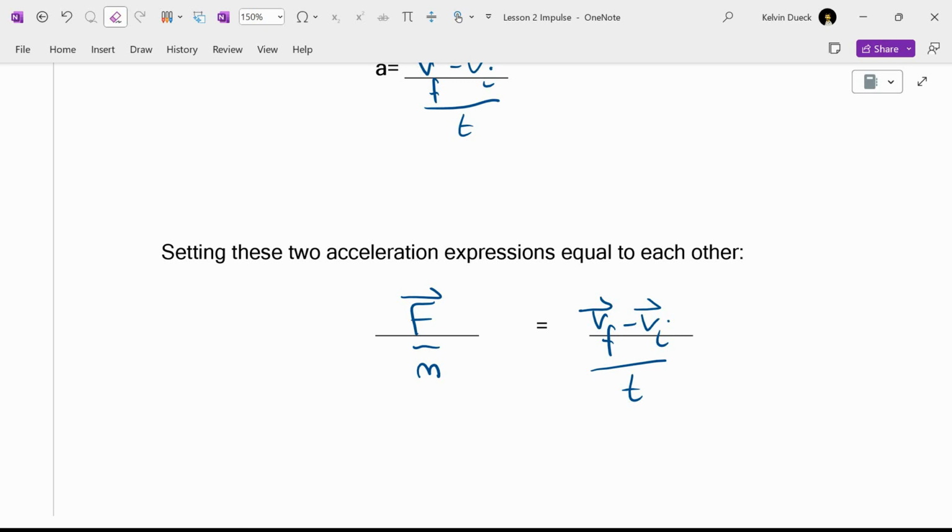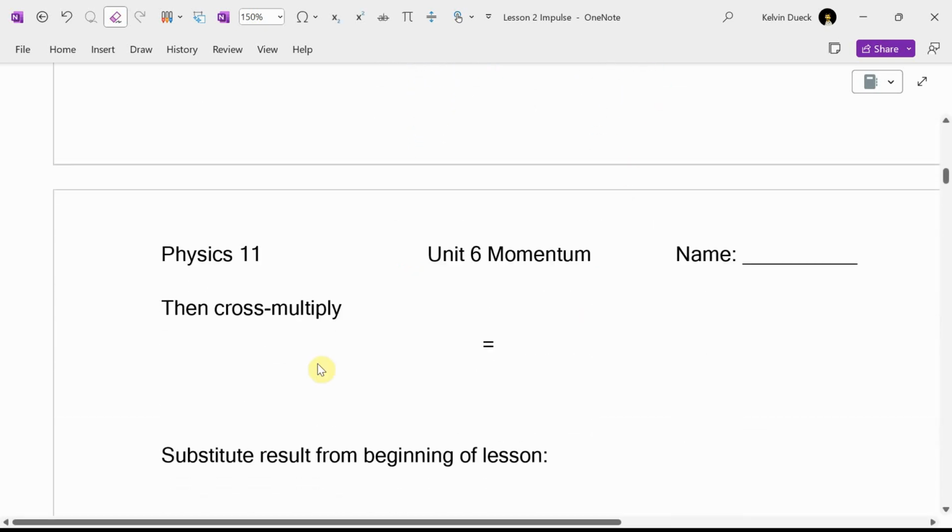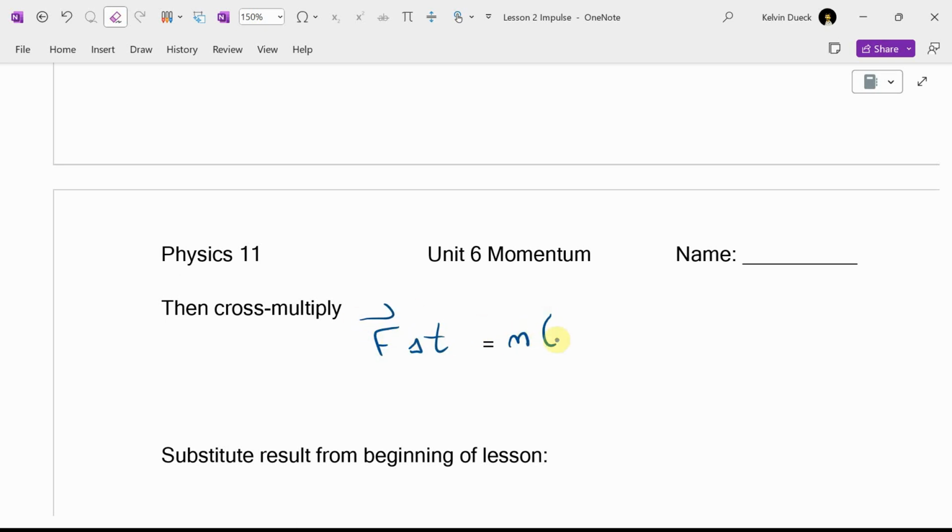I'm going to cross multiply to get rid of the fractions. Dividing by m on the left is the same as timesing by m on the right. Dividing by t on the right is the same as timesing by t on the left. I'm going to write it, next page, as F delta t equals m, and then in brackets, v final minus v initial.